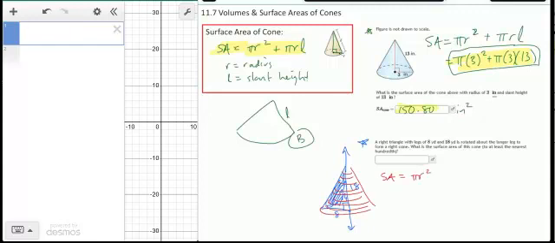It's pi r squared, the base, plus pi r L, the lateral surface. Okay, so here we see the radius is this measure, which was 8. And the slant height is this measure. Now it may be given, and it may be something you need to calculate. In this instance, it's what we need to calculate.